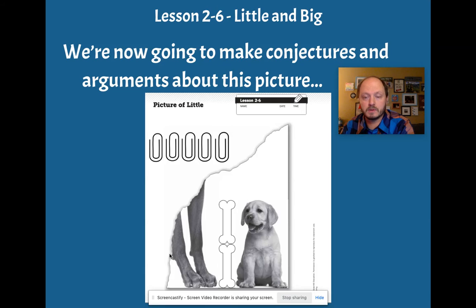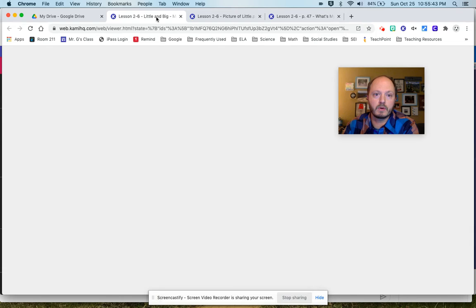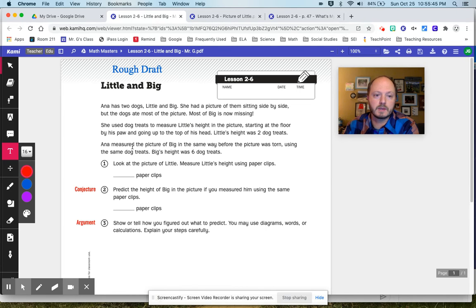And we know the result of measuring Big was another set of dog treats. And we can take a look over here. And it says, Anna measured the picture of Big in the same way before the picture was torn, using the same dog treats. Big's height was 6 dog treats.